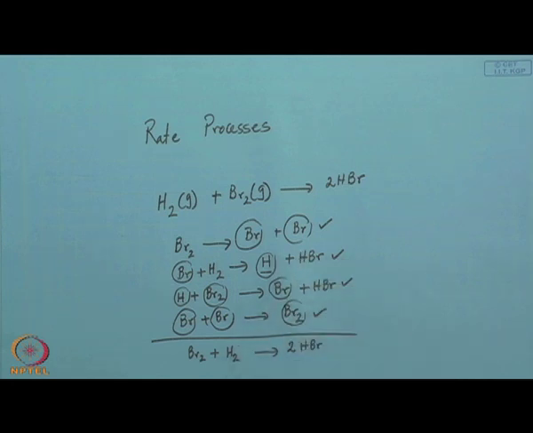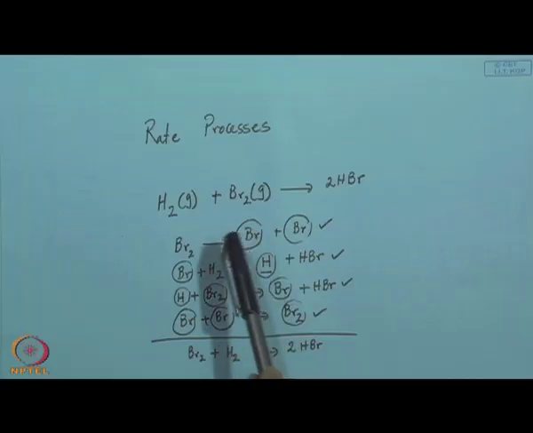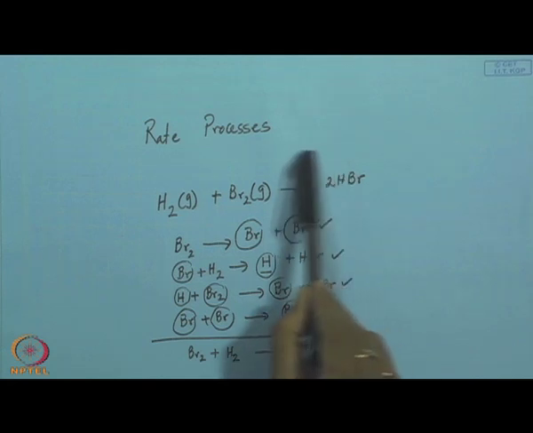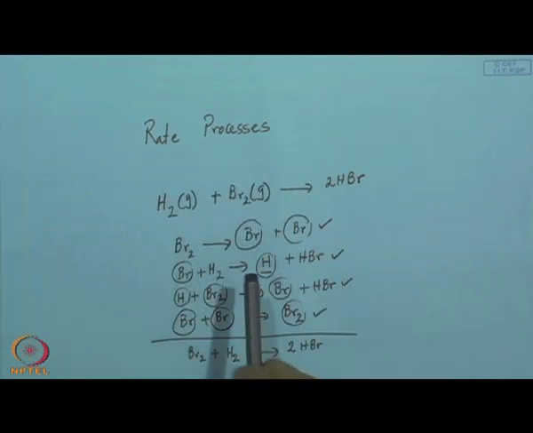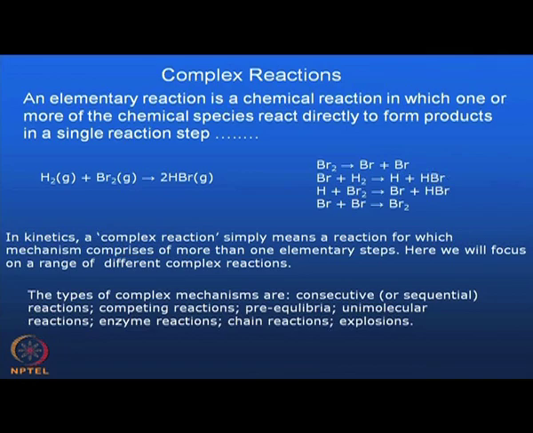How this reaction mechanism is established, I will discuss in detail maybe in some other lecture. But just to show you, this is a complex reaction. This complex reaction consists of four elementary steps. An elementary reaction is a chemical reaction in which one or more of the chemical species react directly to form products in a single reaction step.